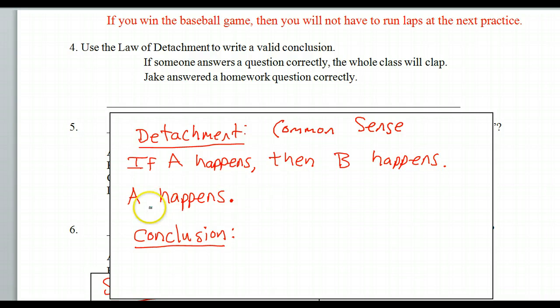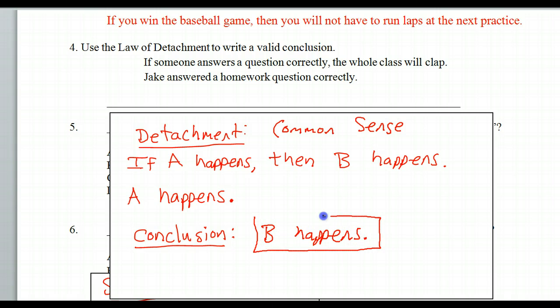So if you tell me that A happens, my conclusion is going to be B happens. That is my conclusion. So the conclusion using detachment is going to be just a single statement of the form B happens.